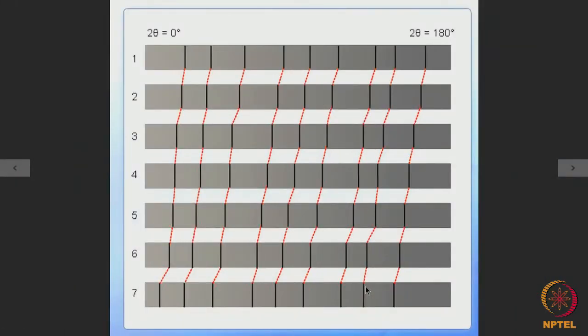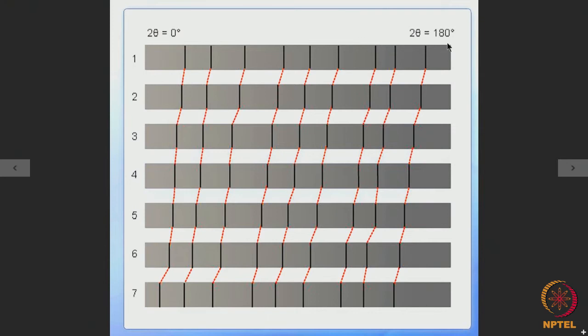Now, at room temperature, when you make specimens from those 7 samples and take the diffraction pattern, say this is the kind of diffraction pattern that we get. This side is 2 theta equal to 0, that means the low theta side.